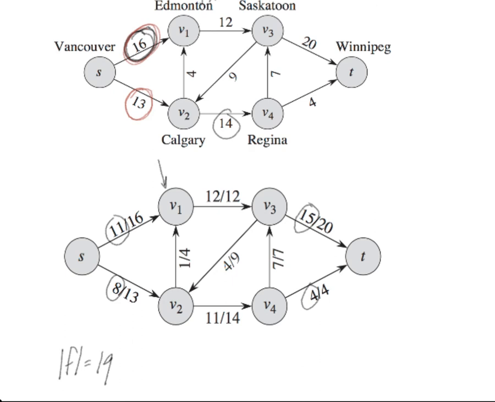So you could say, well, I'm going to ship 29 crates of hockey pucks every day from Vancouver. But the problem is, Winnipeg can only accept 24 per day. So we can't ship 29. We can ship at most 24. So we say, okay, let's ship 24.